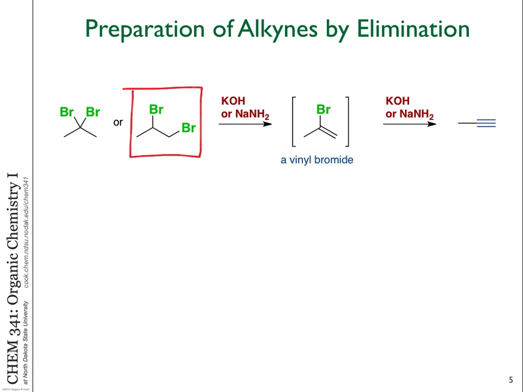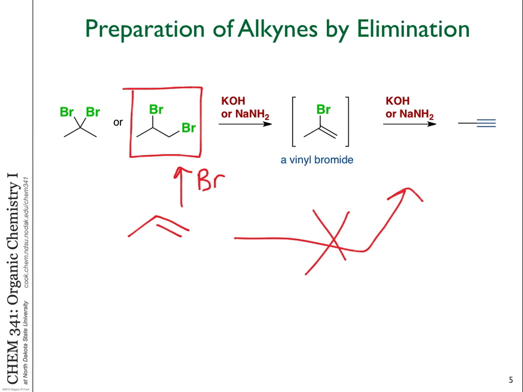Well, if you start with propene, there's no way to go directly to an alkyne, but what you can do is generate this dibromide. React this with Br2. You get bromine added on either end of the double bond. That gives this, and then we can do this elimination reaction.